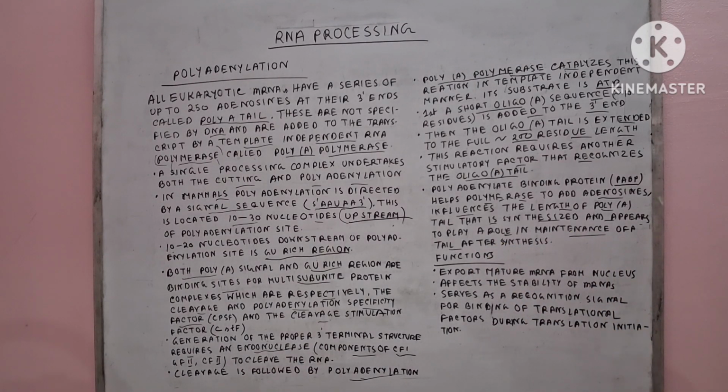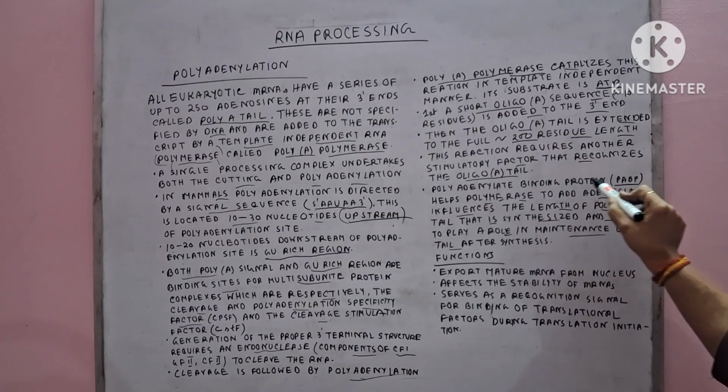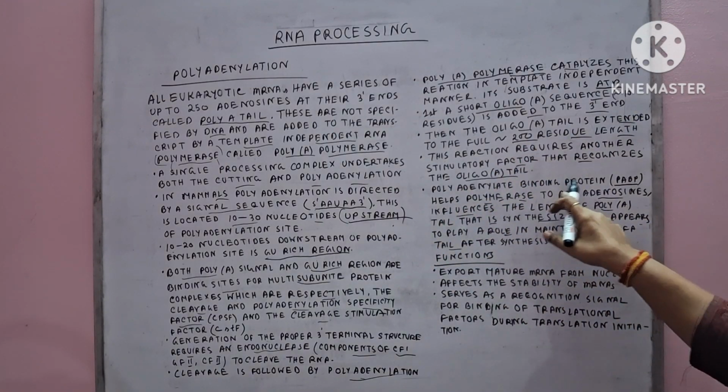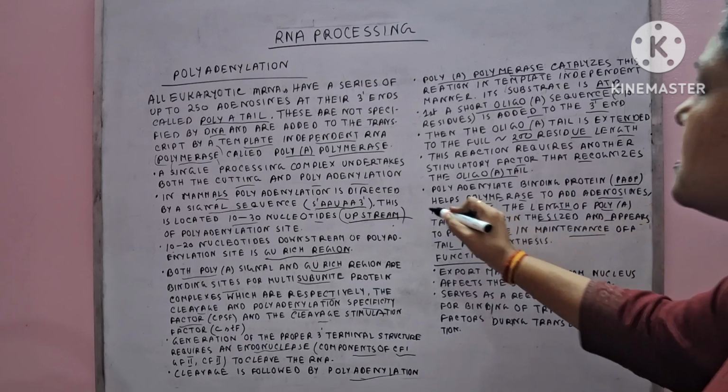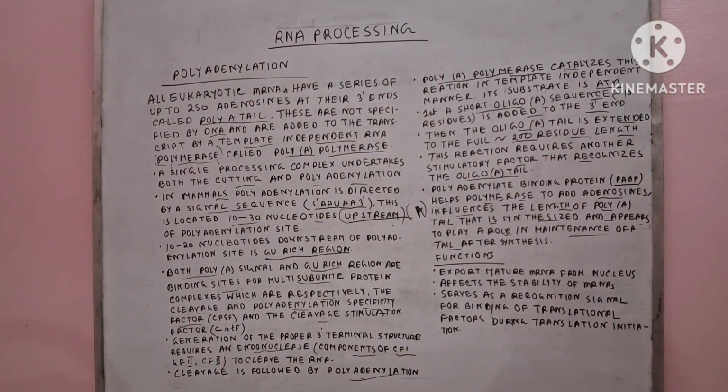So this protein, the polyadenylate binding protein, helps the polymerase to add the adenosines, that means A, and also influences the increase in the length of the poly A tail. In that way the poly A tail is formed.